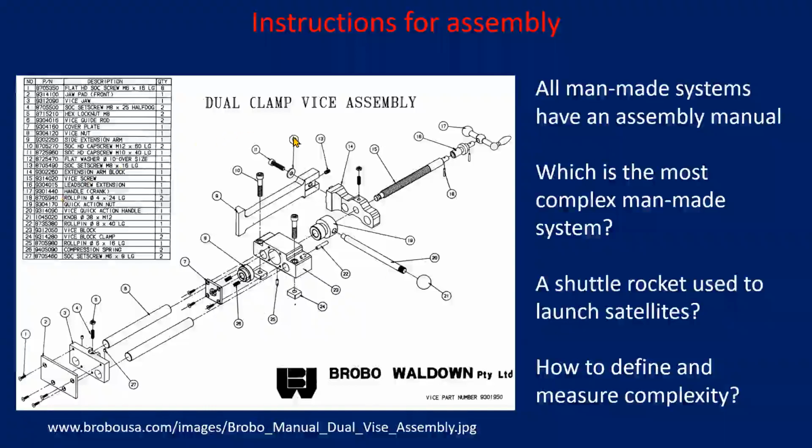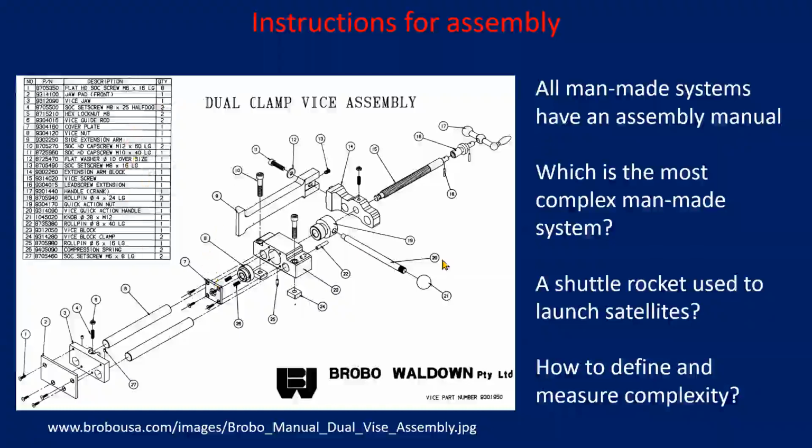When you buy it, it comes along with instructions. Those instructions will tell you which part goes where and how to assemble the whole thing. If something goes wrong, you go back to this manual and see, okay, this part is missing, that part is missing, and you try to deal with that.